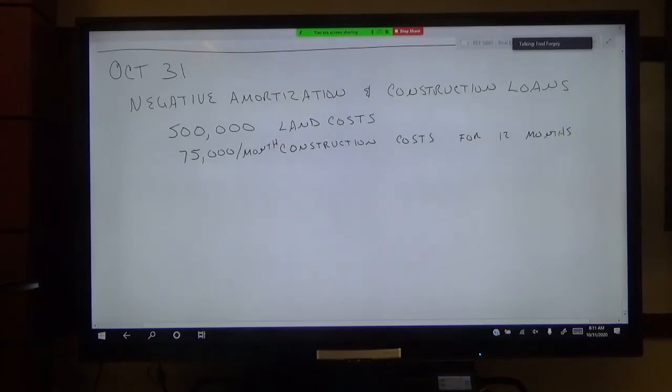Okay? And let's say that our cost of borrowing on this is going to be an 8% interest rate. Or, once again, cost of borrowing.